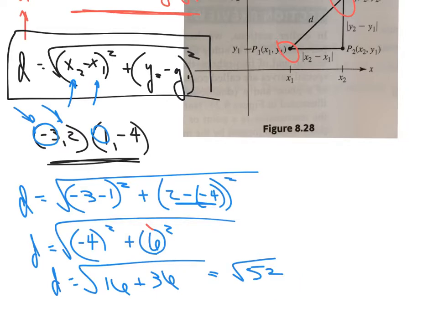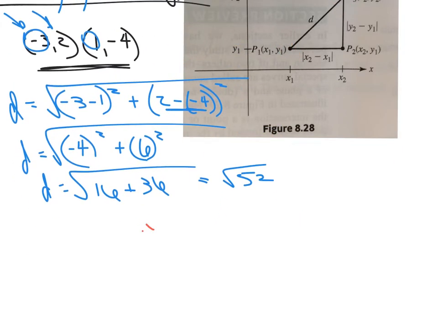Now remember, you can't be done with the square root of 52 unless you find out if it can be reduced. So what we're going to do is factor it into its product of primes. That would be 2 times 2 times 13. So we've got a pair of 2's here. It matches up with our index.